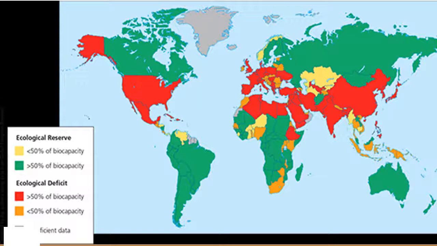India and China, as well as Bangladesh, also fall into this category of being an ecological deficit country where they demand more from the environment than what the environment can actually provide or sustain. Japan, being an island nation, is in the same situation, as well as Taiwan and some of the Philippines.